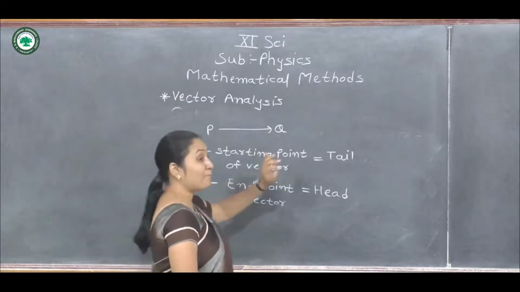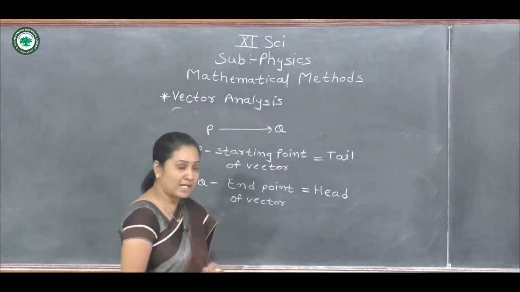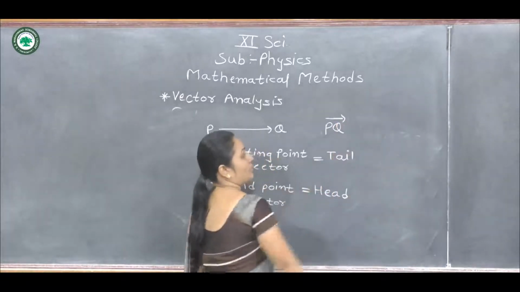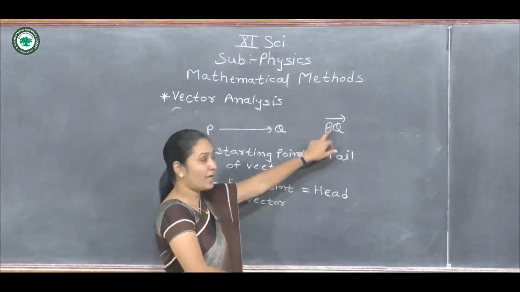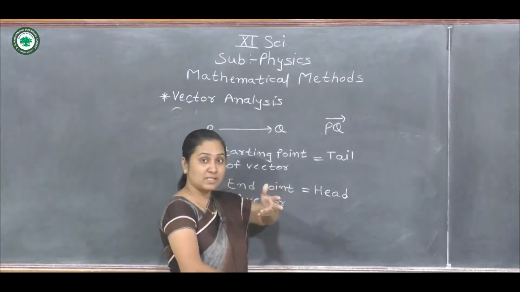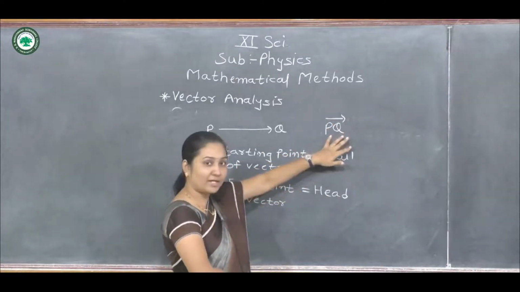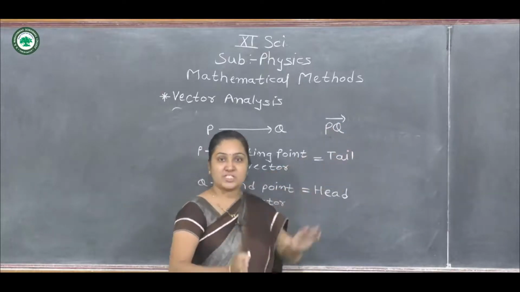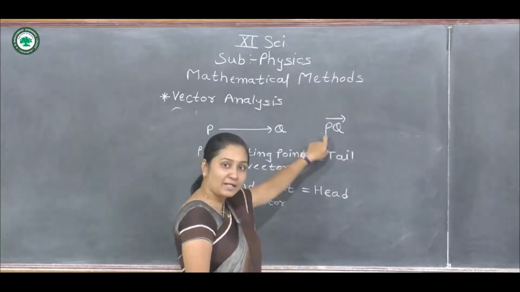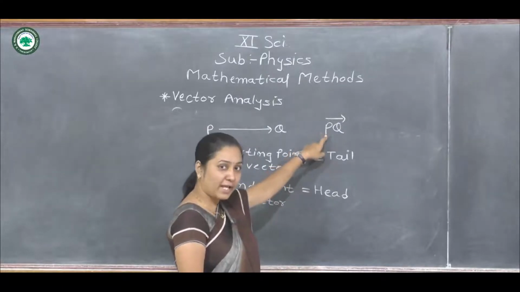So vector PQ is represented by PQ, and here an arrow is shown which shows the direction of this vector or direction of this physical quantity. This is the starting point of the vector or tail.